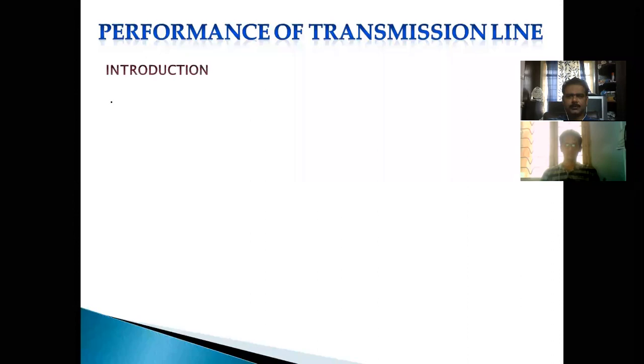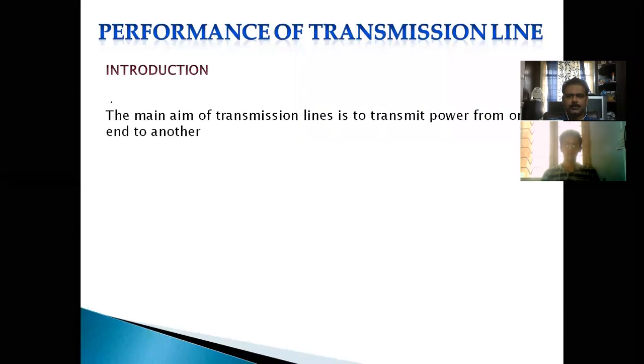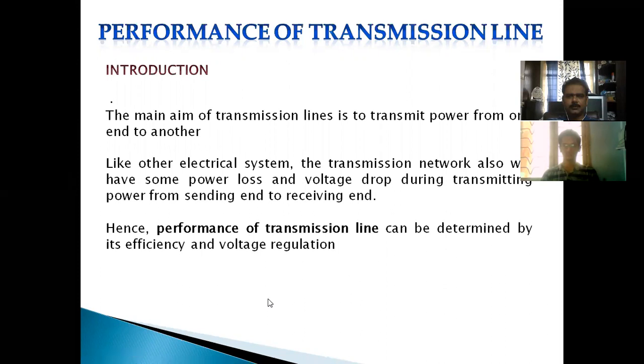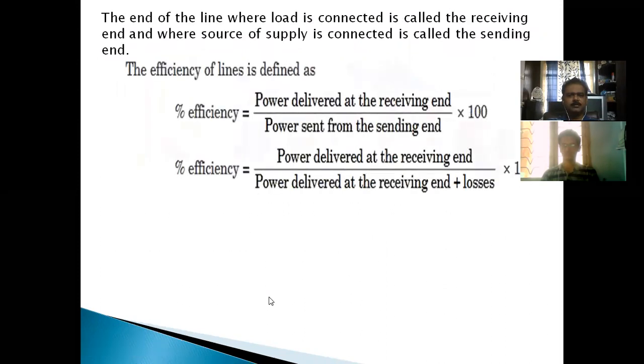Performance of the transmission line: the introduction, the main objective, and how the performance can be evaluated based on efficiency and regulation. The next step is finding efficiency. Efficiency is power delivered at the receiving end divided by power delivered at the receiving end plus losses.